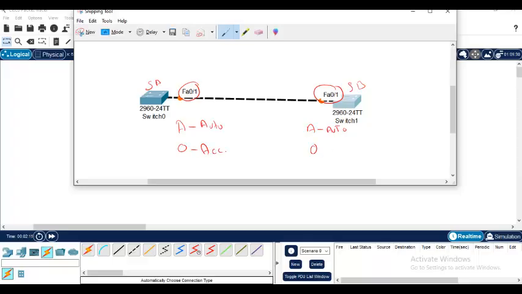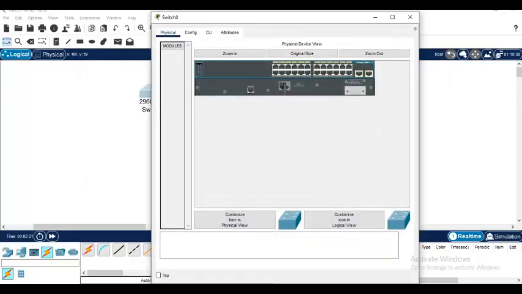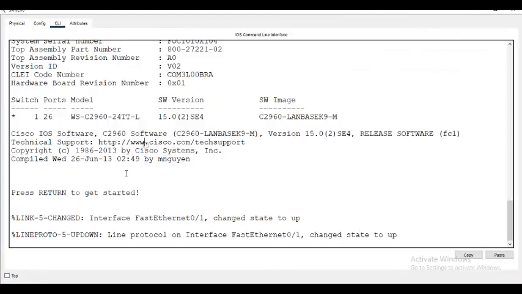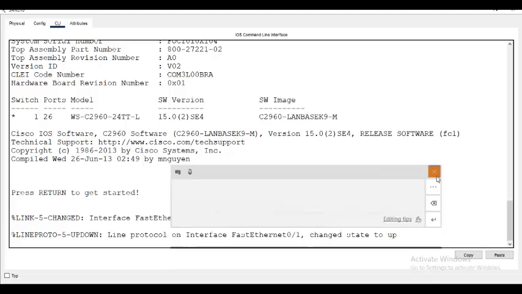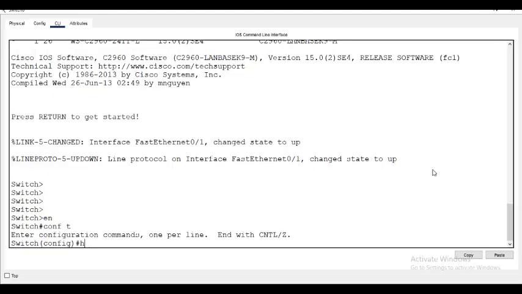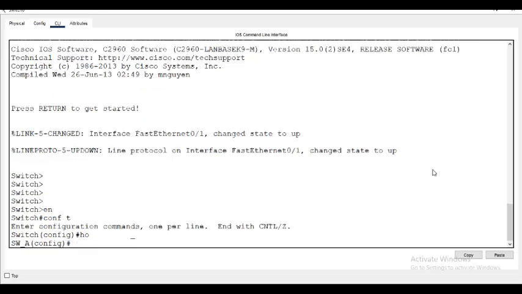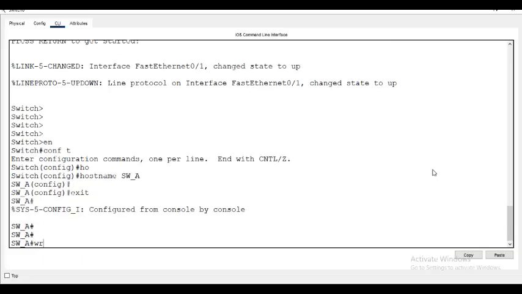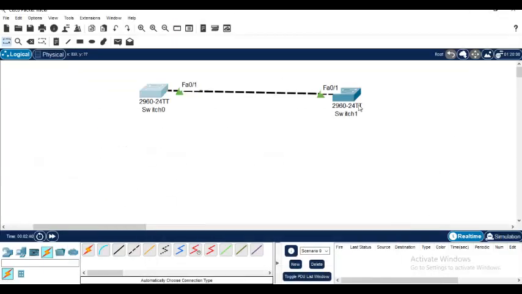I go enable, config t, hostname switch A. Nothing other than this I configured. Name is very important so that when I explain, when I use the name, you understand better. Even if you don't give a name, whatever you learned is going to be there. Don't think only the hostname makes the ports operational. No.